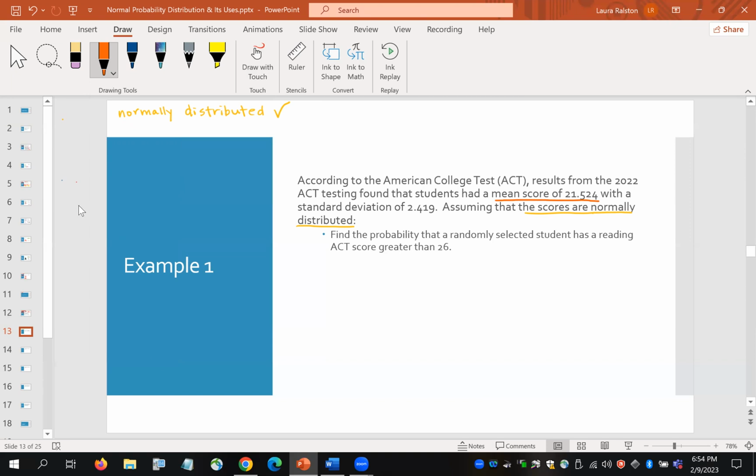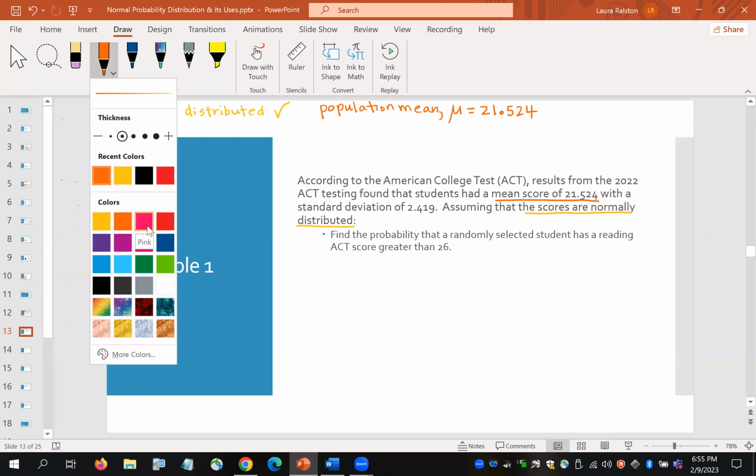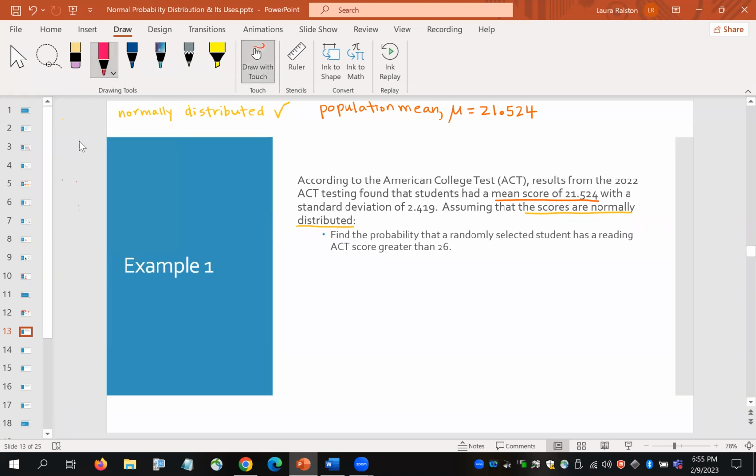It doesn't explicitly say population, but since it's results from the ACT, we have to assume they were using all the students. So my population mean, which is mu, is 21.524. You may want highlighters or colored pencils to help you underline these things, with a standard deviation of 2.419.